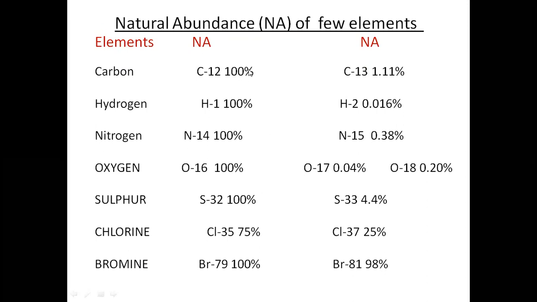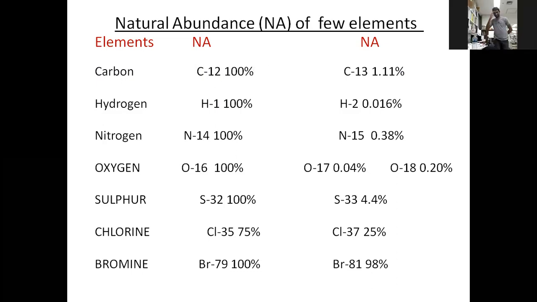For example, carbon has two isotopes, carbon 12 and carbon 13. Carbon 12 is 100%, while carbon 13 is 1.11%. Actually, the sum of carbon 12 and carbon 13 should be 100, so it should be about 98.9 percent.